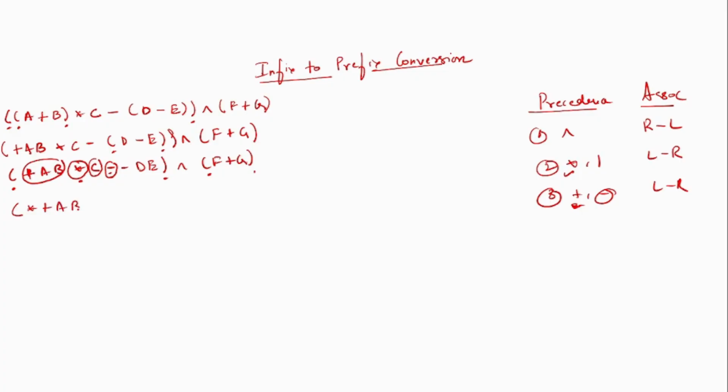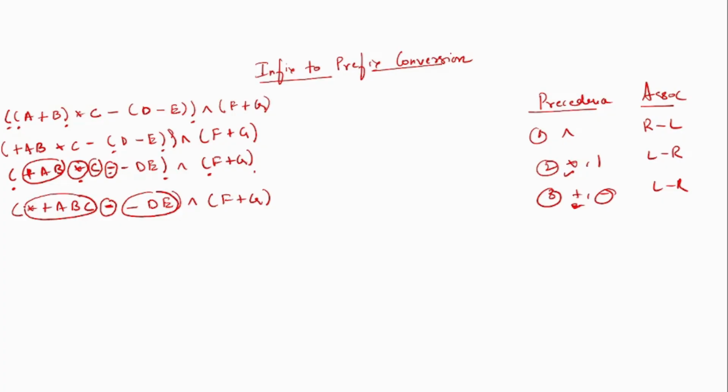Plus AB C minus, this is yet to be resolved, minus DE to the power f plus G, right? F plus G. Now here this minus is yet to be resolved, therefore this becomes our operand 1, this becomes our operand 2, correct?